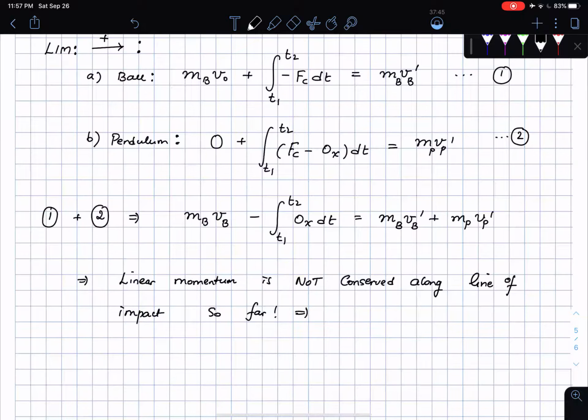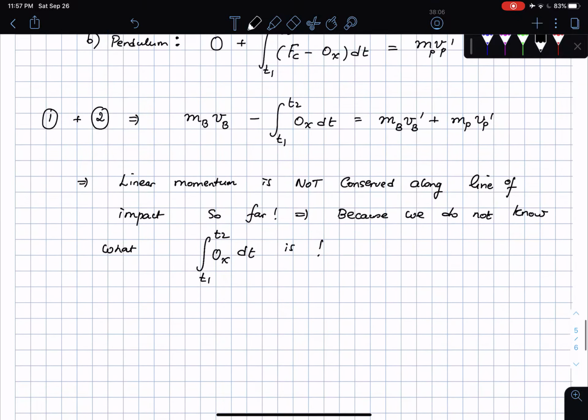It's mostly because we do not know what integral Ox dt from time t1 to t2 is. If I know that this is 0, then probably it is conserved. Who knows, we can find out if necessary. So that's one thing. This was not a good thing to do because it led me to a roadblock.